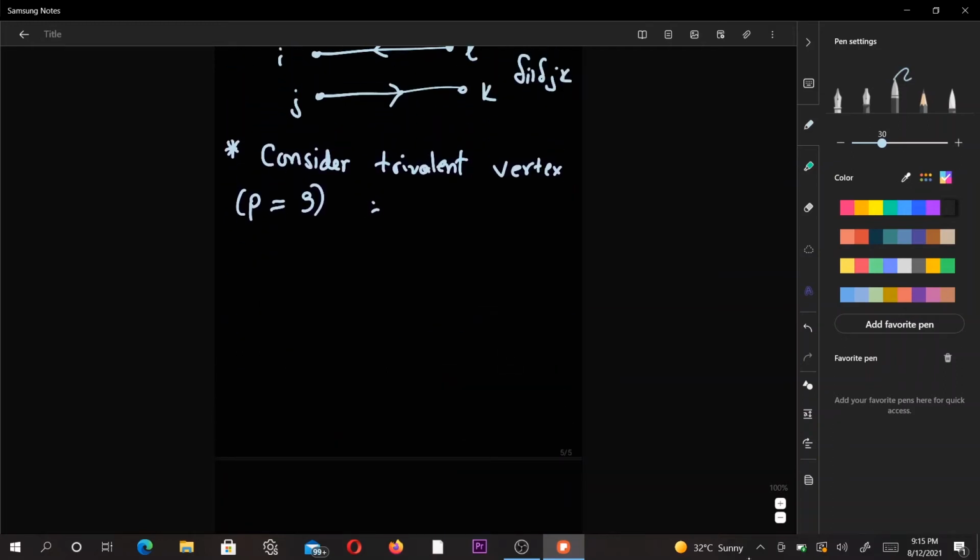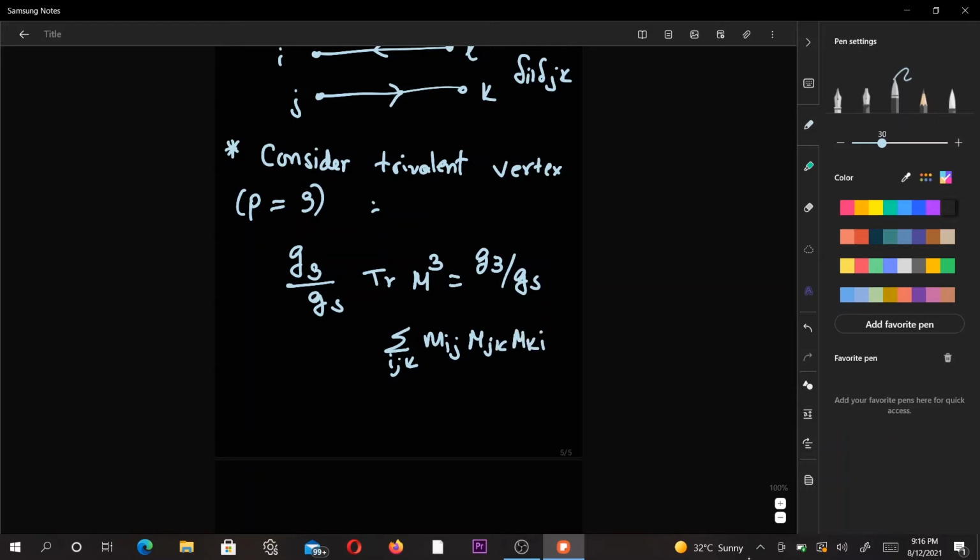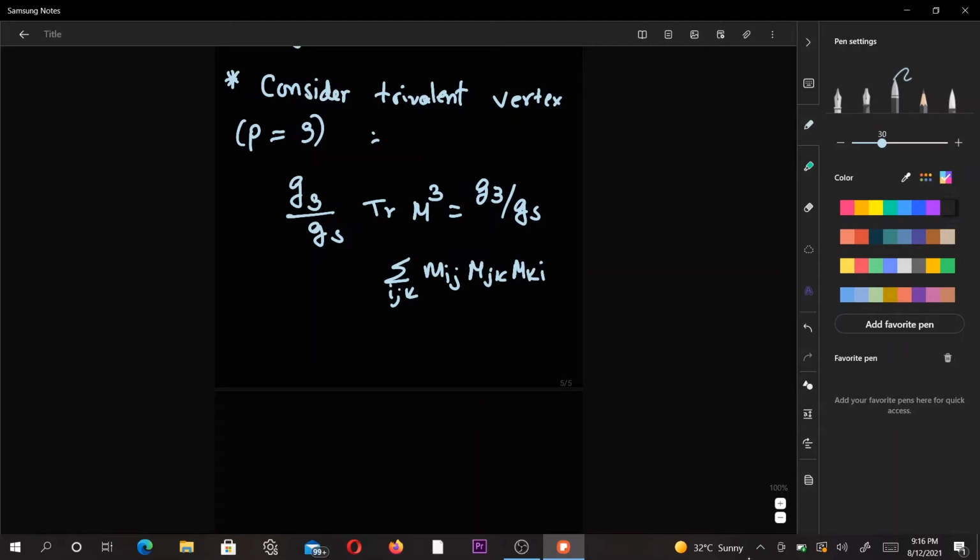So now consider the trivalent vertex, and let's trace over M cubed, and you can write it like this. It's basically a sum over i, j, k of M_ij M_jk M_ki. This is basically the trace. So any vertex of order p is basically the number of double lines going out of the vertex. For example, in 3 I'll draw it in a bit.